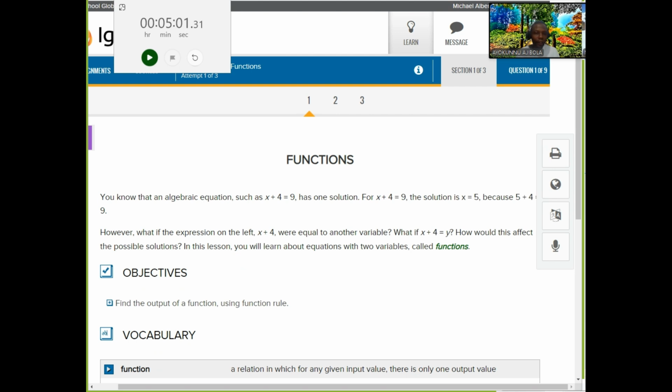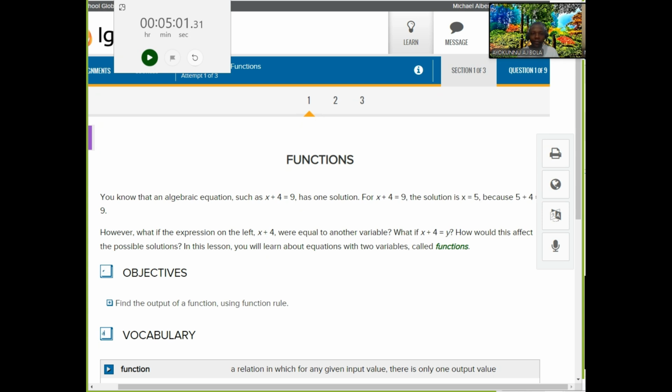Now, can you tell me what a function is? Function. Yes, function. That's the first vocabulary there, right? Yes. Can you just tell me something about it, even if you don't get all the words? Yes.